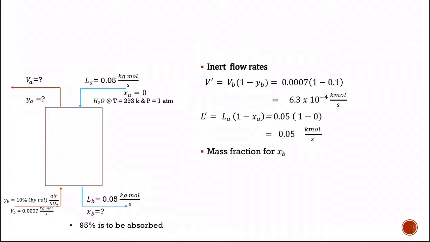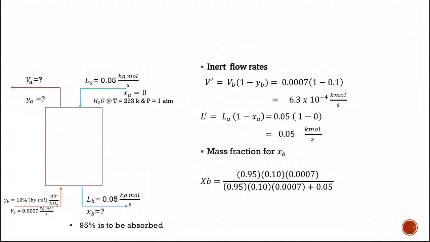For the mole fraction XB, we get 0.95 times 0.10 times VB here, all over 0.95 times 0.10 from here, times 0.0007 from here, plus 0.05, it's here.